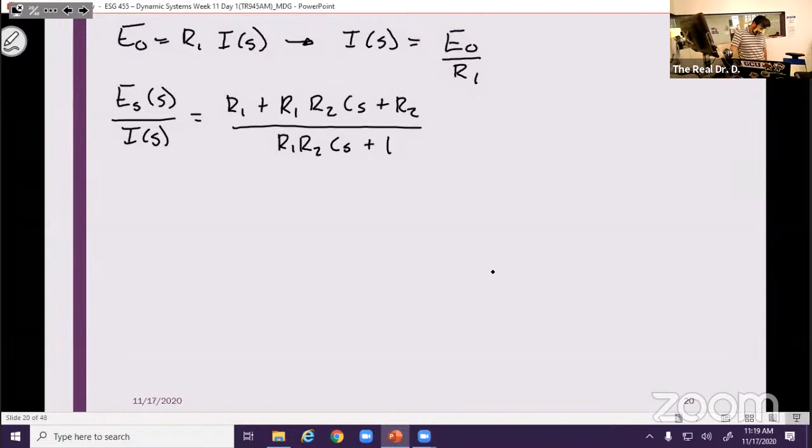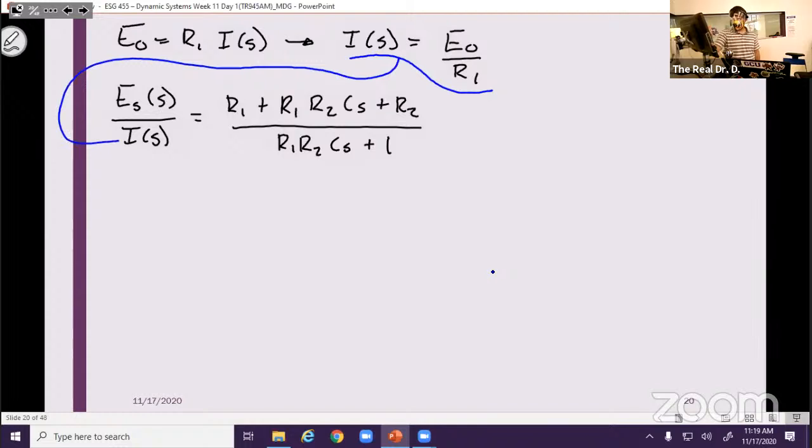We're going to put that in there. All right, so we'll end up with ES of S over E out over R1.